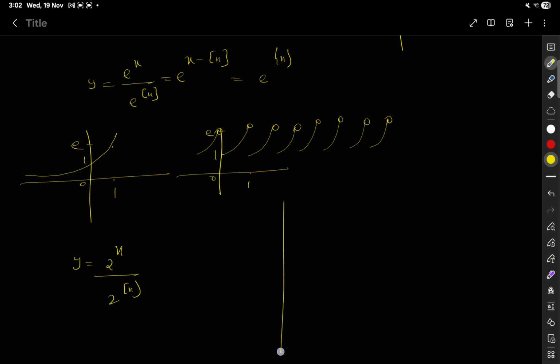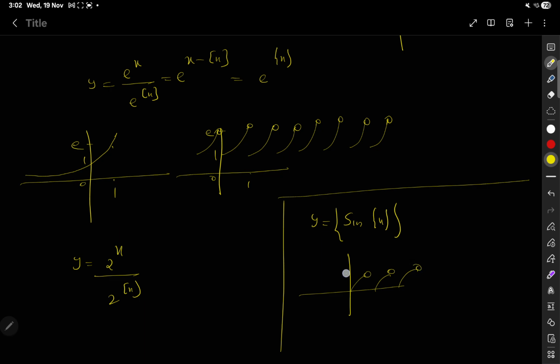Now they can ask this one, y equal to sine of fractional part x. So sine of fractional part x graph, we know it's like this. Now it's already lying between 0 and sine 1. So what is its fractional part x? Same, sine fractional part x. So there is no change. Okay.